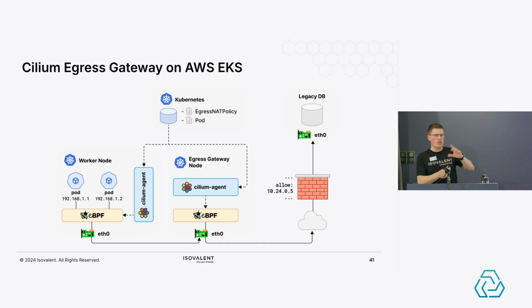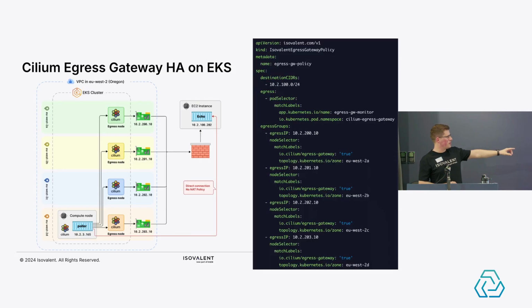Or there's an alternative, which is shown on the next slide. Here it probably gets a bit more clear because we have the list of egress groups, where we have multiple nodes, for example, one node per availability zone to provide HA.